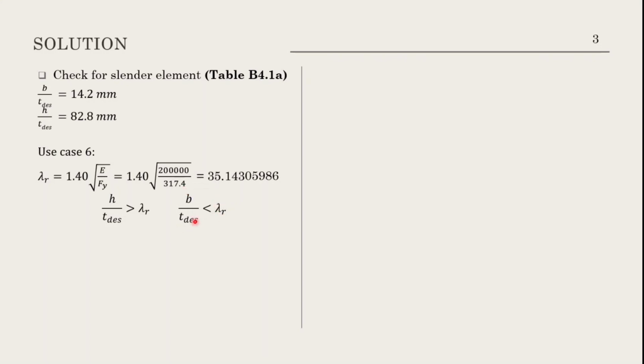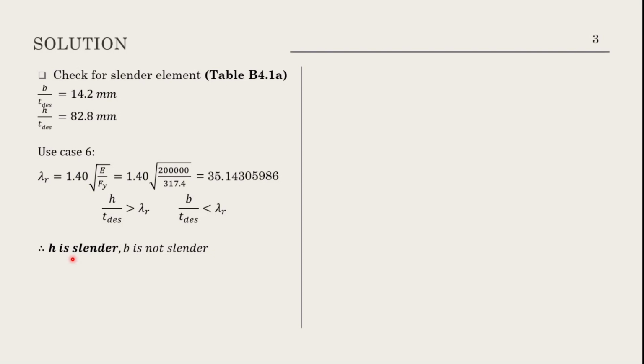On the other hand, comparing the width to thickness ratio of the side H, meaning the longer walls of the HSS, 82.8 is greater than 35.14. So side H is slender, but side B is not slender.